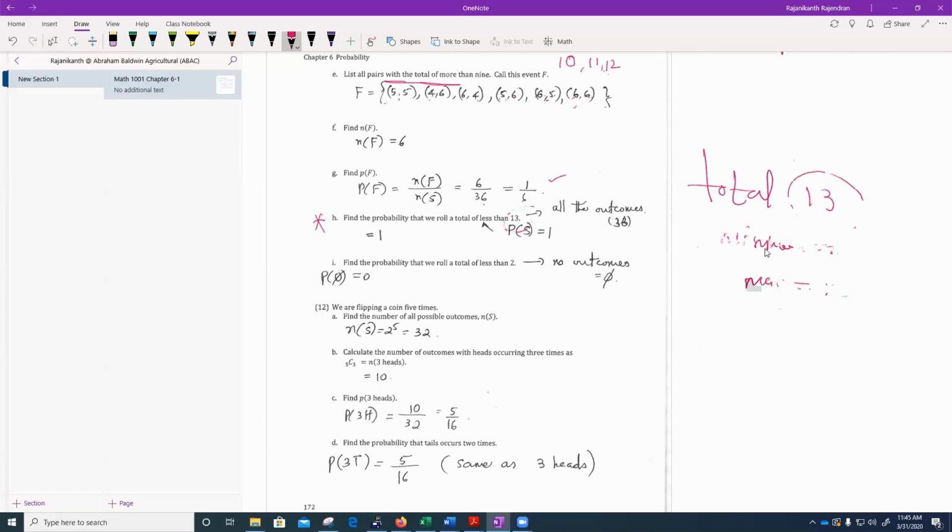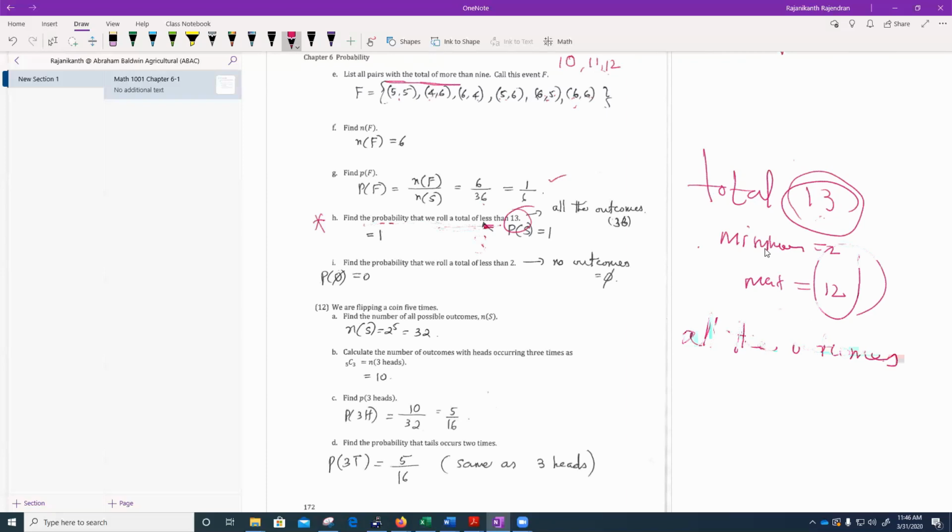They're asking, could you find the total less than 13? That means all of them are going to be less than 13, right? Therefore, you have to write all the answers from your sample space. Therefore, this set is nothing but S, the sample space.